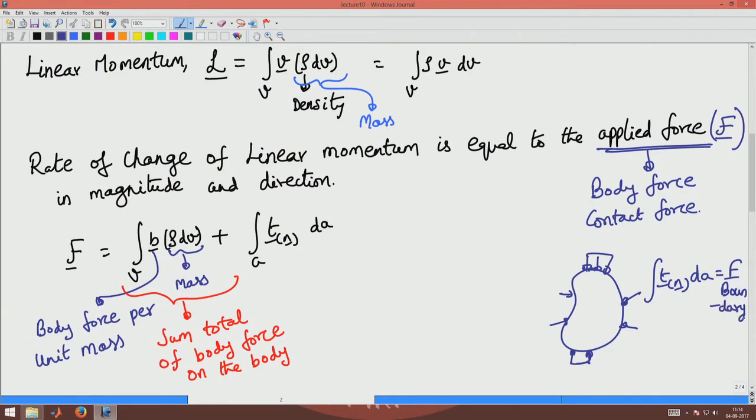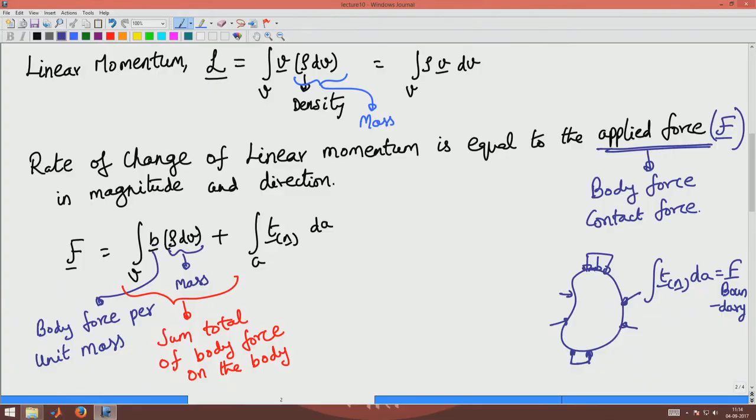Because we define traction as distributed force acting per unit area over a cut surface or the boundary of the body, this is the net force acting on the boundary of the body, that comes through contact means. Now, let us expand this.